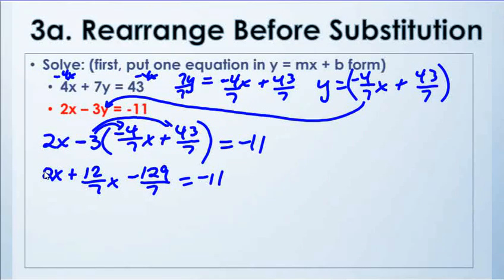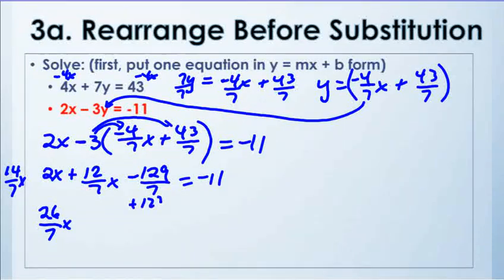Combine like terms. So I have 2x plus 12 sevenths x. If I want to keep it as improper fractions, I can rewrite this 2x multiplied by 7 sevenths. This is 14 sevenths x. So 14 plus 12 gives you 26 over 7x.